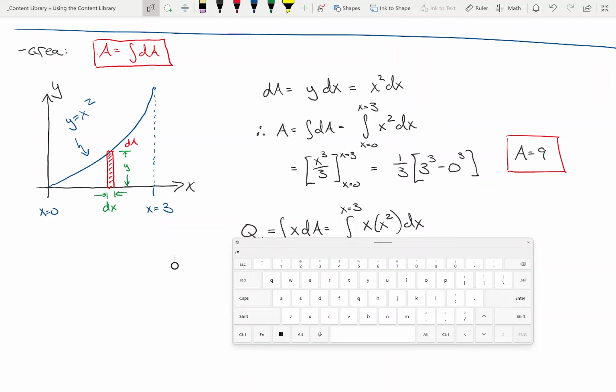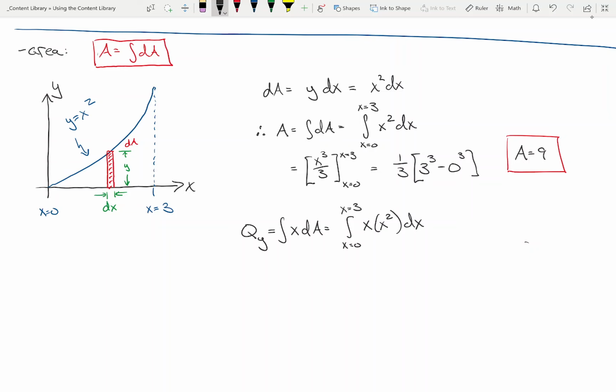Okay? So, whoop, keyboard popped up. Okay? This term Q represents the first moment of area, and the reason why the subscript is Y is because of the same thing that we did over here, right? Remember, if I want to find the X coordinate, the distance from is Y and vice versa, so I'm flipping the axes, so I'm doing the same thing here.